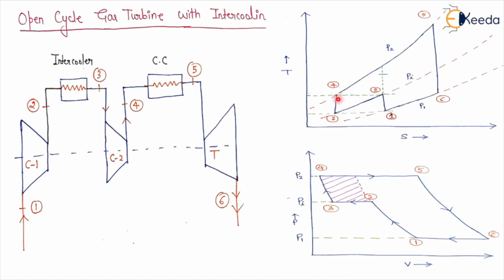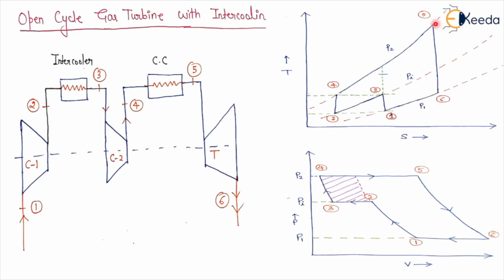Now from state number 4, air will go into the combustion chamber. In the combustion chamber, air will absorb heat and its temperature will increase, and this heat addition will take place at constant pressure in process 4 to 5.